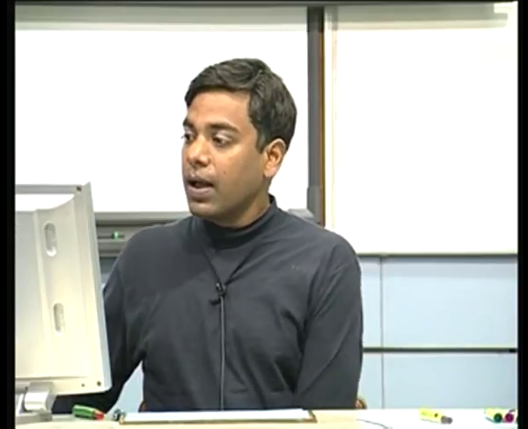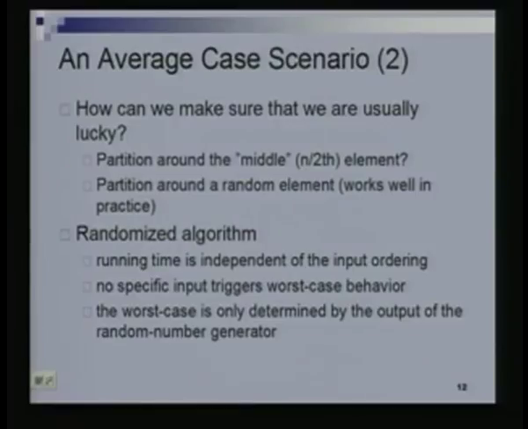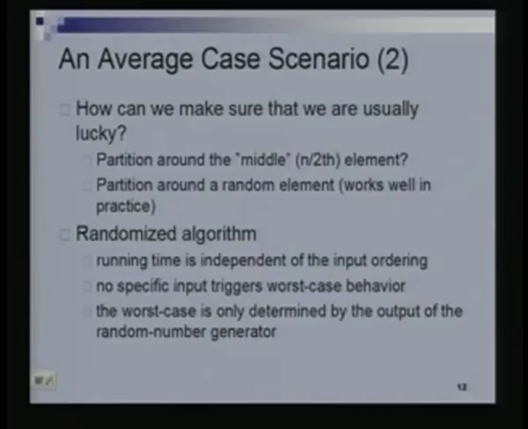No, sorry, I still need to say a little bit more before I get to expected time. So what is the best thing to do? We said we will be lucky when we always partition half and half. So the best thing to do would be to find the median element as the pivot. Pick the median element as the pivot, and that will break up my array into 2 equal parts, and that would be great.